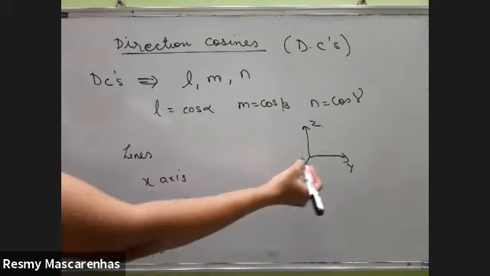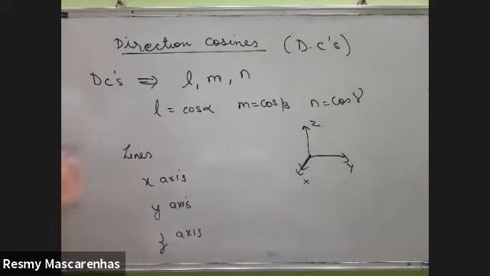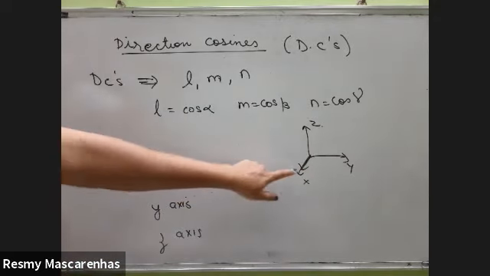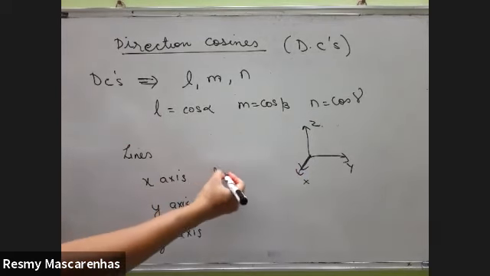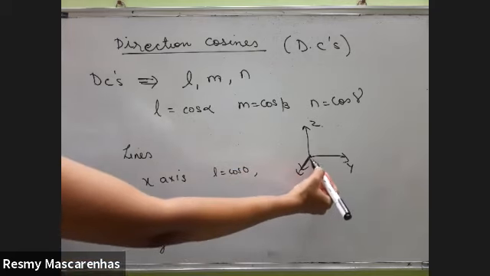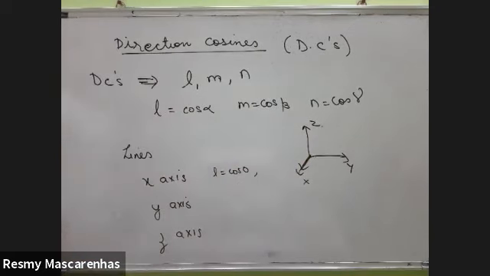I want to see the direction cosine of this line. What is the angle with itself? It is nothing but 0, with itself it is always 0. So L will be cos 0. With the other two it will always be a difference of 90 degrees, so beta and gamma will be 90 degrees.